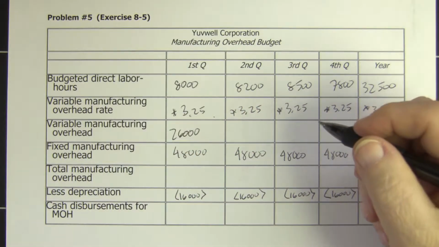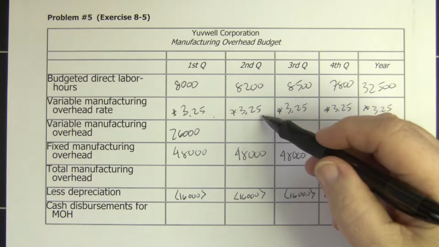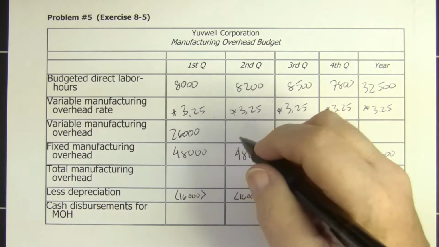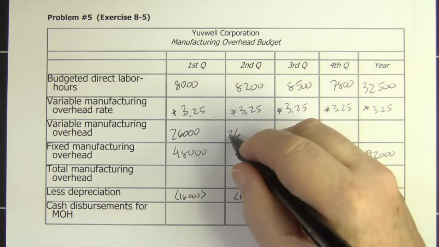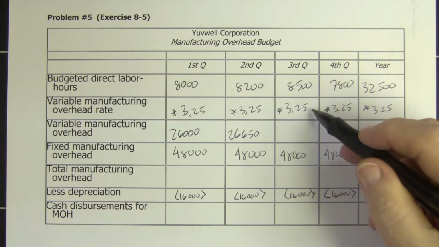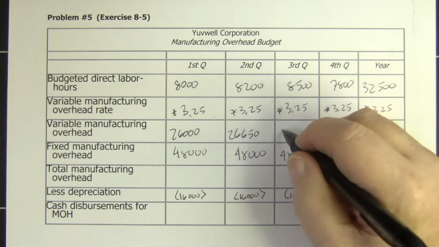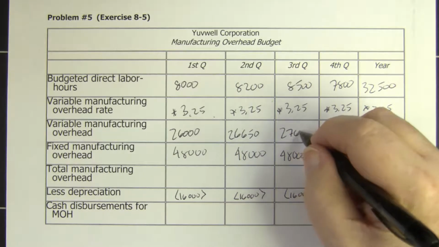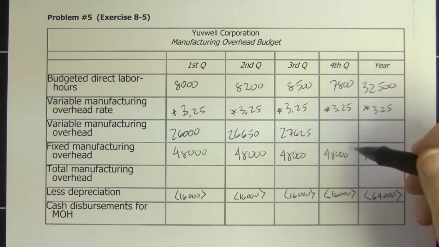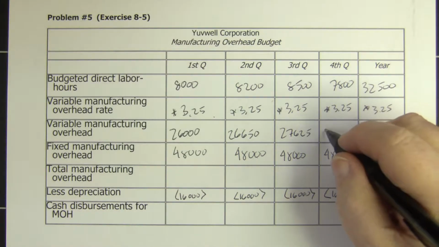That's not public school education, that's TI-83. Same with 325 times 8,200, that's 26,650. 325 times 8,500, we come up with 27,625. And 325 times 7,800, we come up with 25,350.